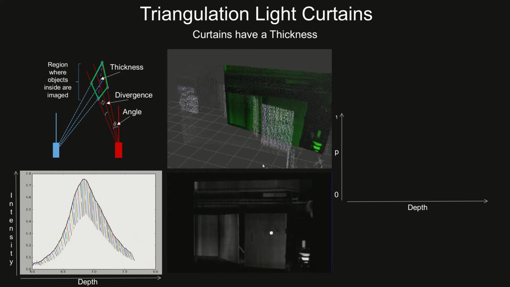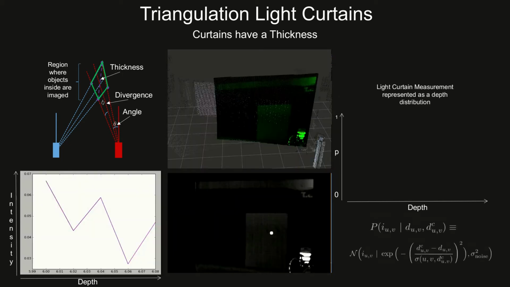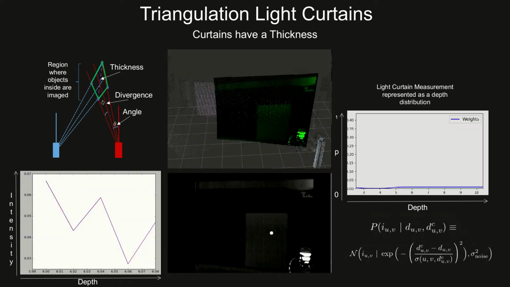We can model this using an exponential fall-off model. And when applying Bayes' rule over it, we can actually convert this into a depth distribution. Notice how regions with no uncertainty generate an inverted Gaussian-like distribution, and as the intensity increases, it slowly flips into a rising peak with a Gaussian-like distribution.